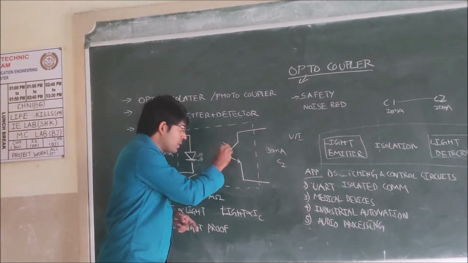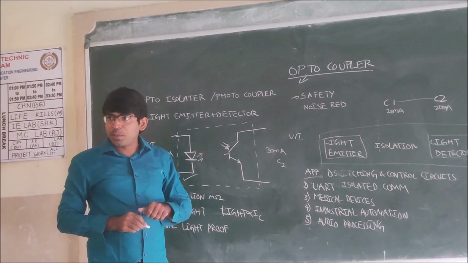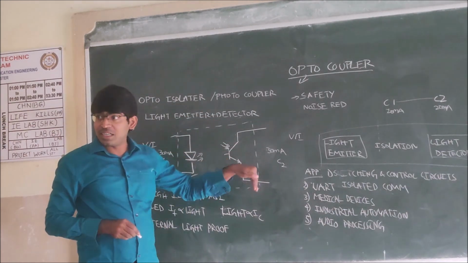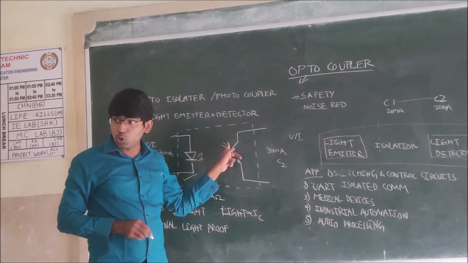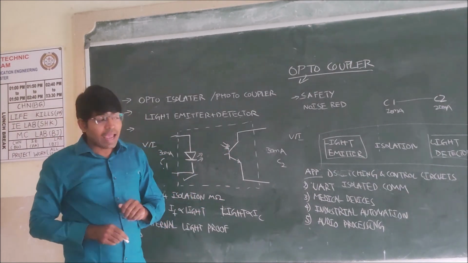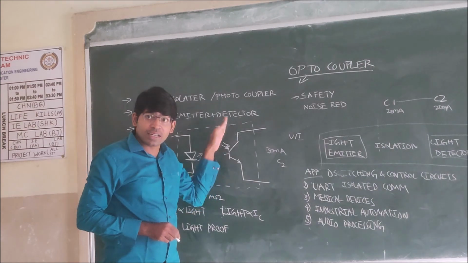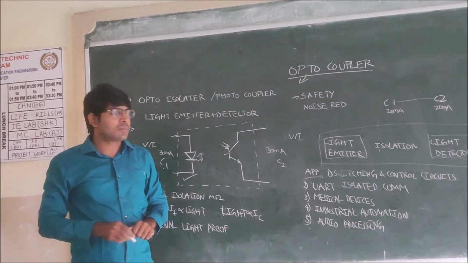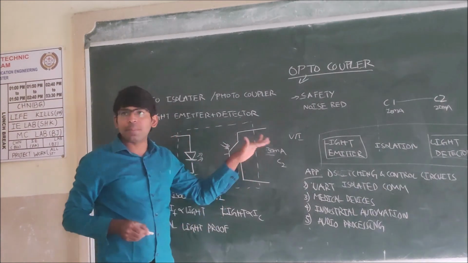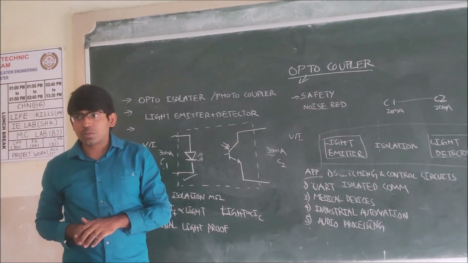The base is kept open, with the emitter and collector terminals, because it is an NPN transistor. Because it is receiving the light, we have shown it by using arrows, and it is converting that light to electrical current output. If we are giving 20 milliamperes, it will give 20 milliamperes output.